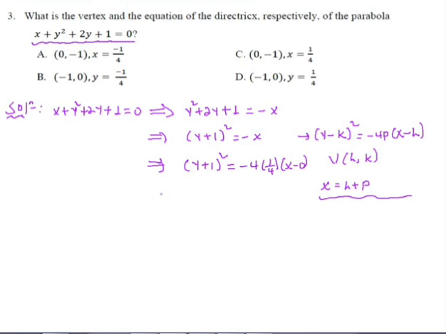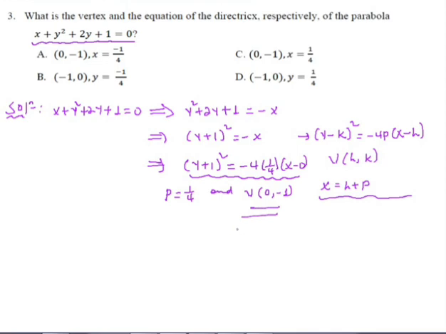So from this we can get that p is 1 over 4, and the vertex will be (0, minus 1). Okay, this is the standard form of the parabola. So our vertex will be (0, minus 1), and p is known.